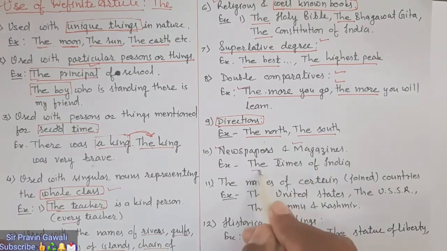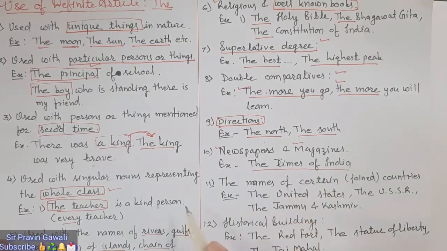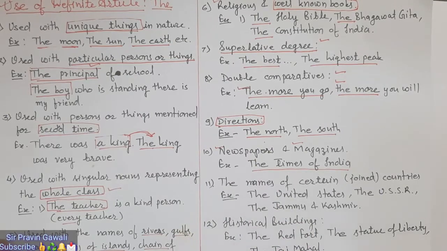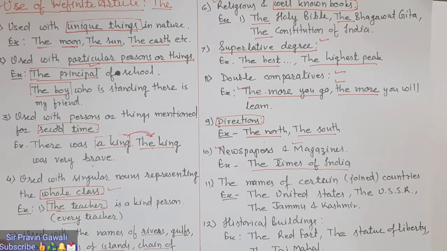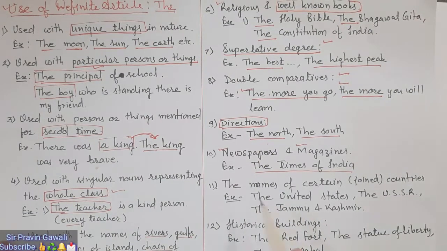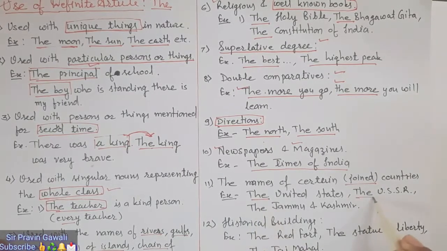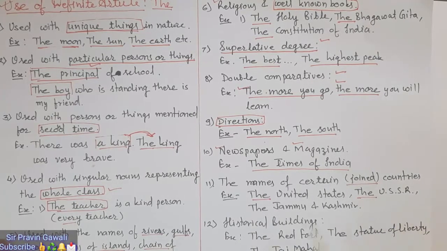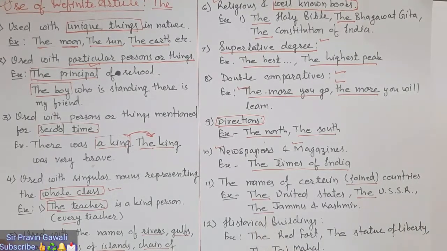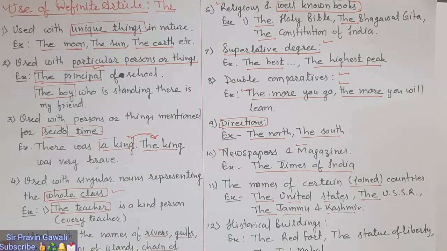For example, the Times of India, the Lokmat, the Loksatta, the Asian Age, etc. Next one, the names of certain plural or joined countries. Students, learn it. For example, the United States, the USSR. Okay, have you understood? Very good.